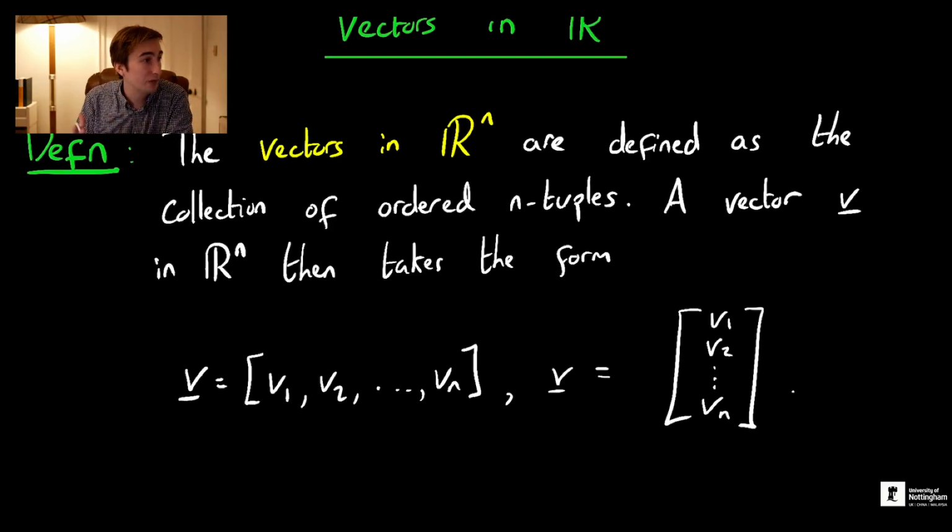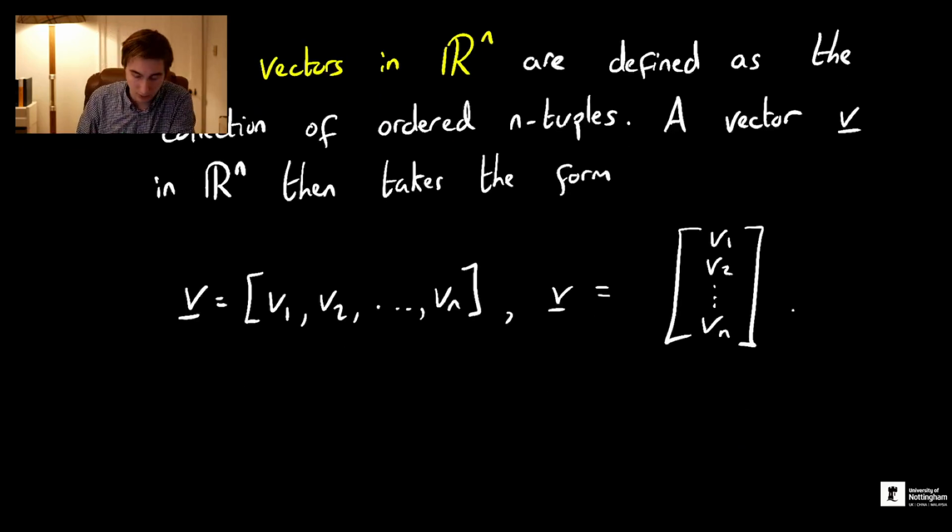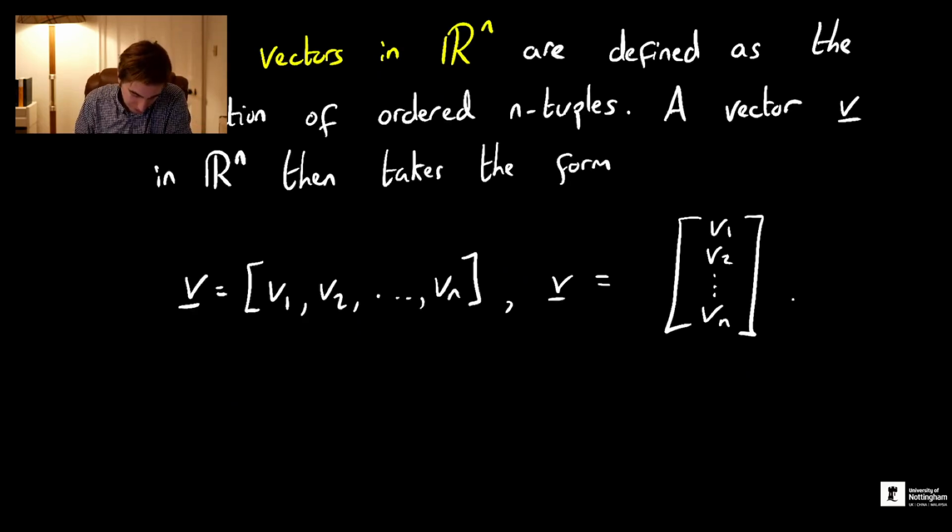So much like how we defined addition in R2, where we added up the individual components, we can define addition in Rn by just adding up the individual components, because each component here is still a copy of the real numbers, and we know how to add two real numbers. So that leads us to our extended definition. Now we want to talk about how we can add elements of Rn.